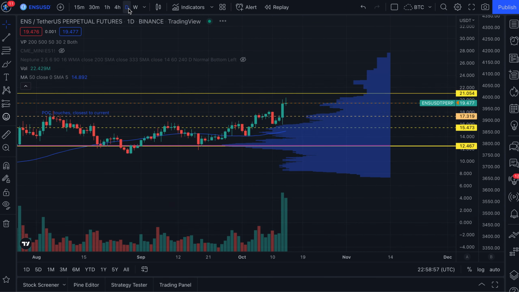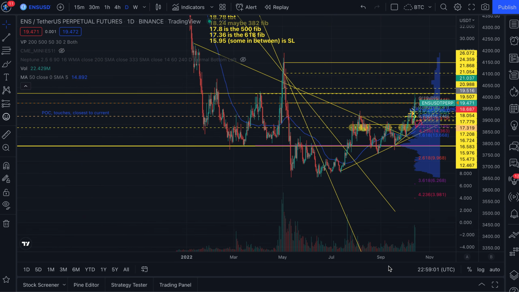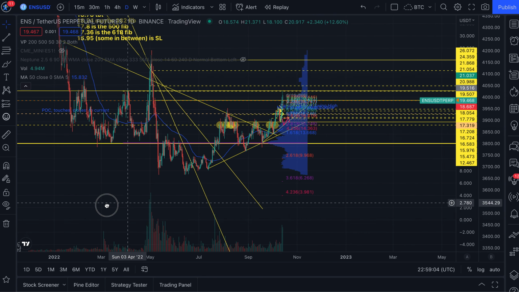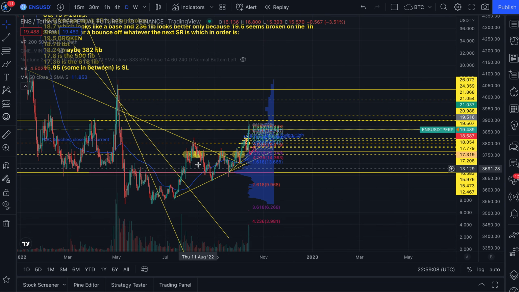So I've been looking at this one on, I can't remember if it was the daily or the hourly. I think it was the daily. Okay, so here it is. And it was kind of chopping around this level.